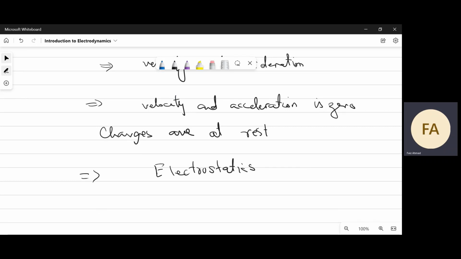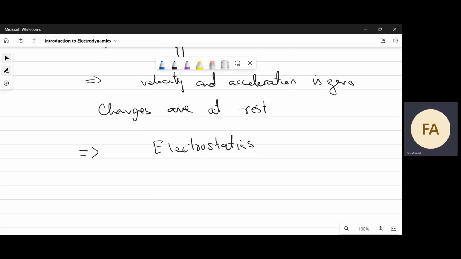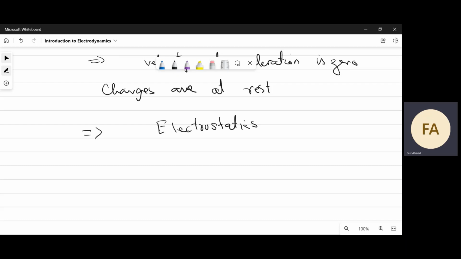Later, in chapter 10, we will try to solve the problem with moving charges, where we have velocity and acceleration. So we have to answer only the two particle system and the force between two particles. And here comes Coulomb's law. Section 2.2.1, Coulomb's law.